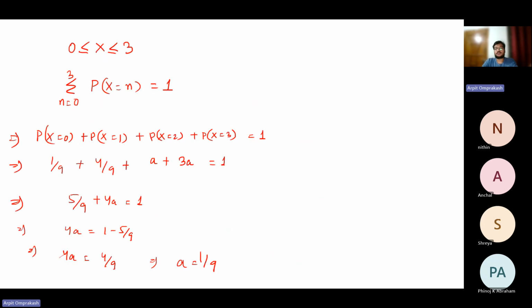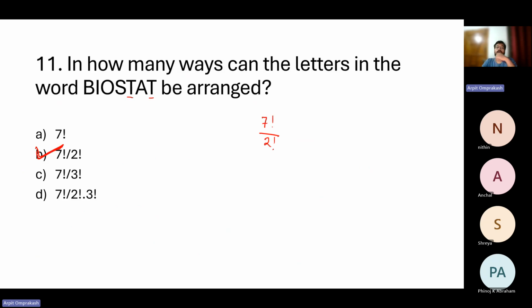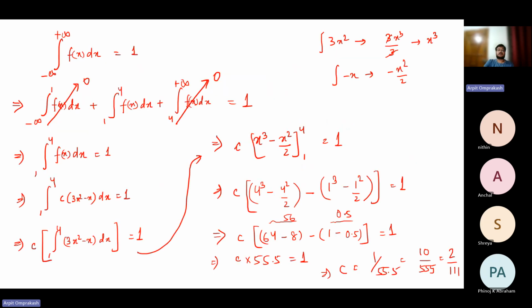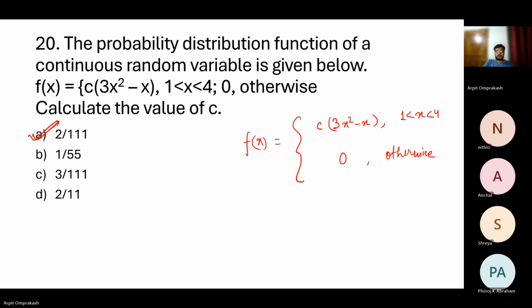That's what we use to get the value of A. And in the last question, we have a continuous random variable whose probability distribution function is given. And we know that the integral of the probability distribution function should be equal to 1. So that is what we evaluated. And we came to this answer where C is equal to 2 by 111. Right.